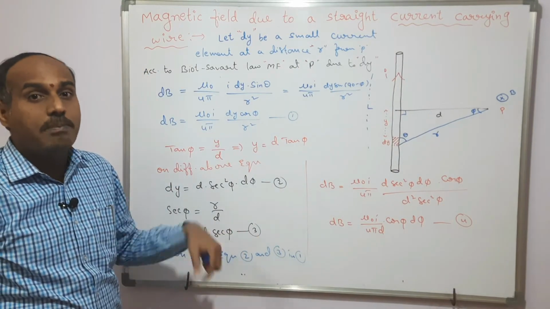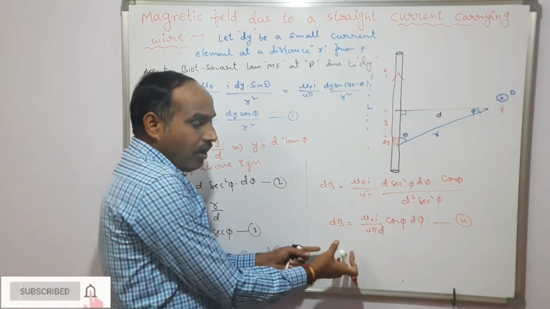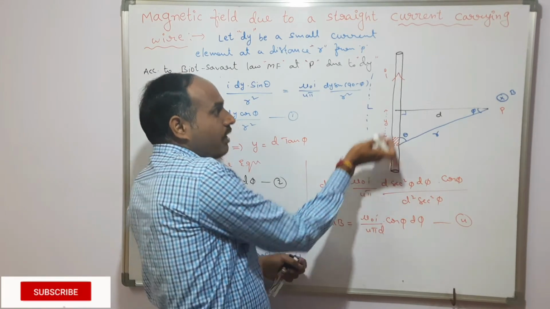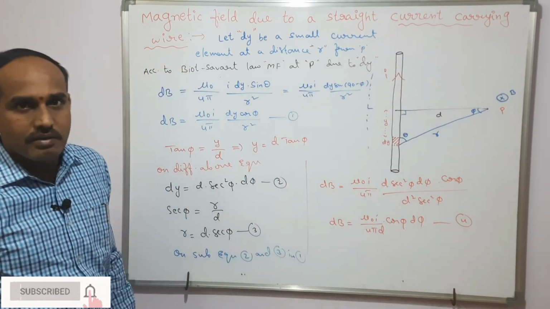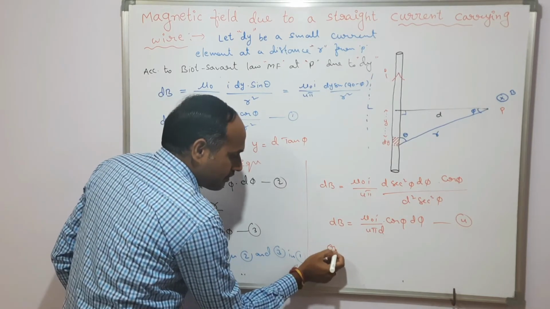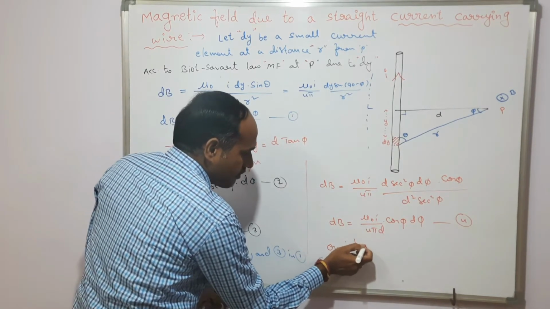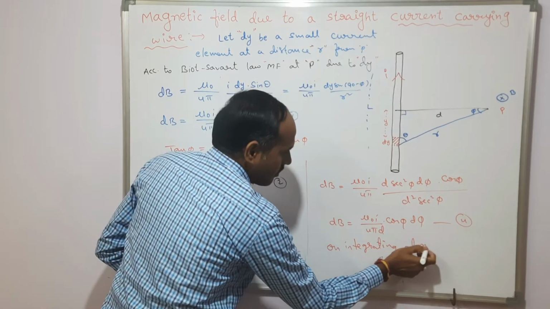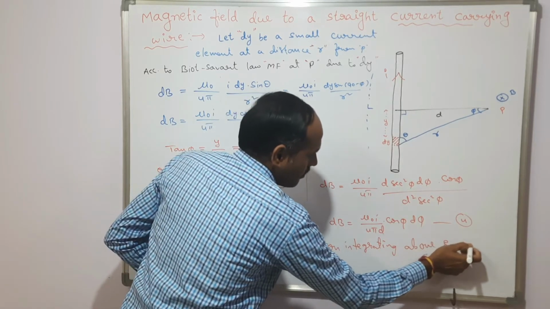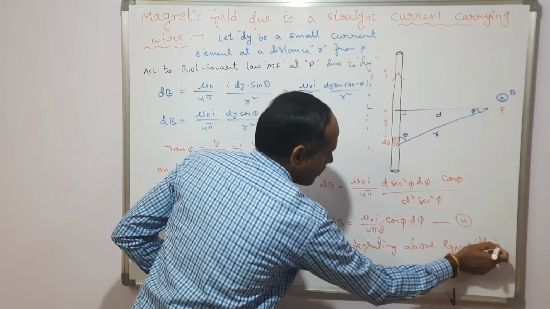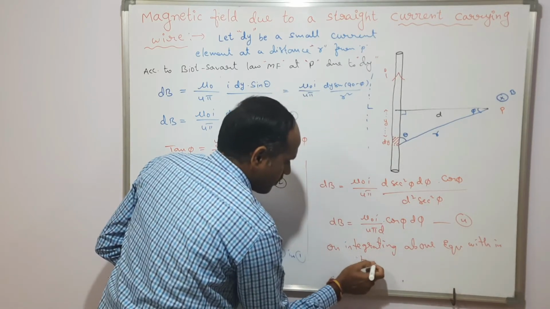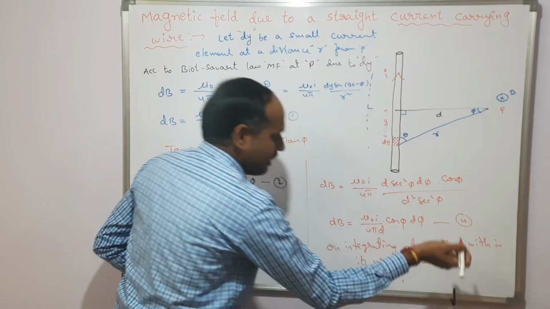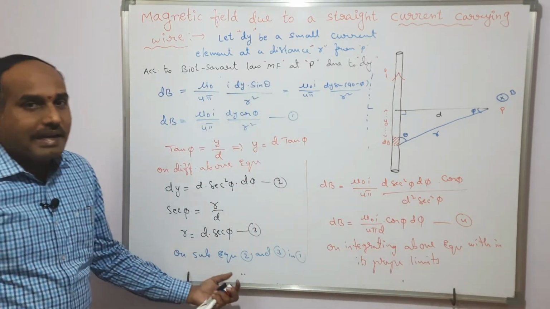So we can obtain that on integrating the above equation within its proper limits, from lower end to top end, and we will get the total magnetic field induction here.